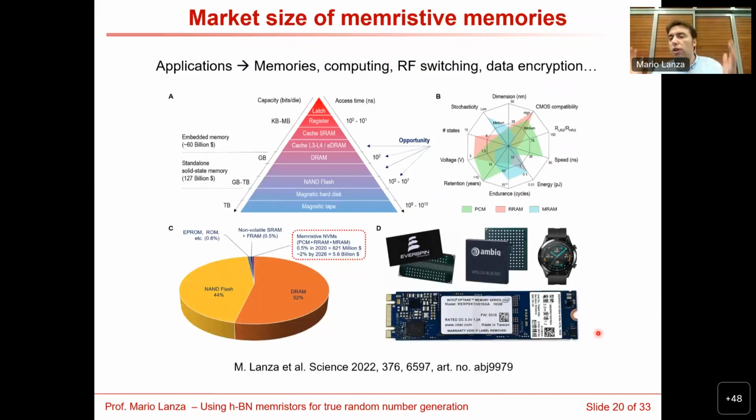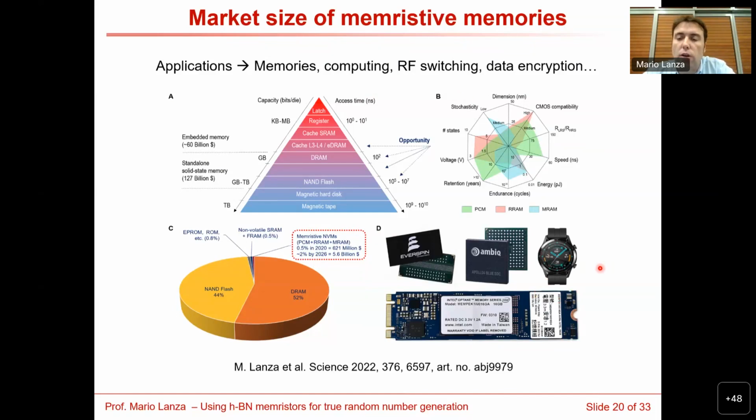Actually, this is not unique for 2D material. The memristors were first made with metal oxides and phase change materials. But anyway, memristive memories are a reality. They already occupy 0.5% of the standalone memory market, and there are several products that are commercially available.